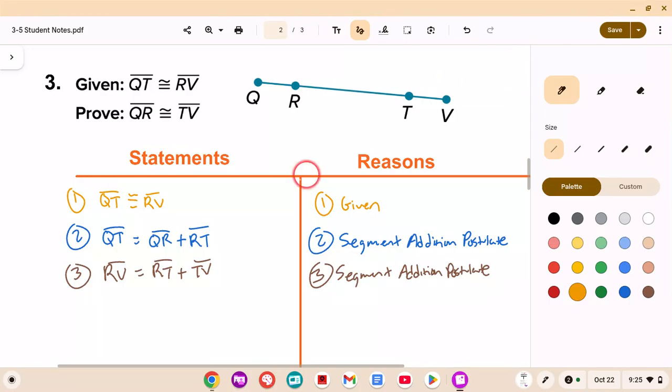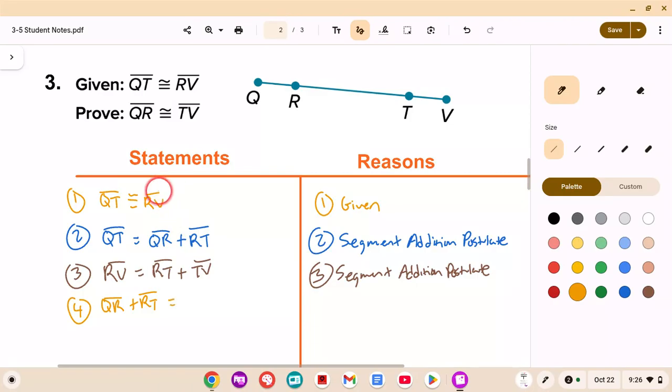Now, up at the top in number 1, we said QT and RV are the same. So you could argue that instead of writing QT there, you could write QR plus RT. Let's do that. QR plus RT.